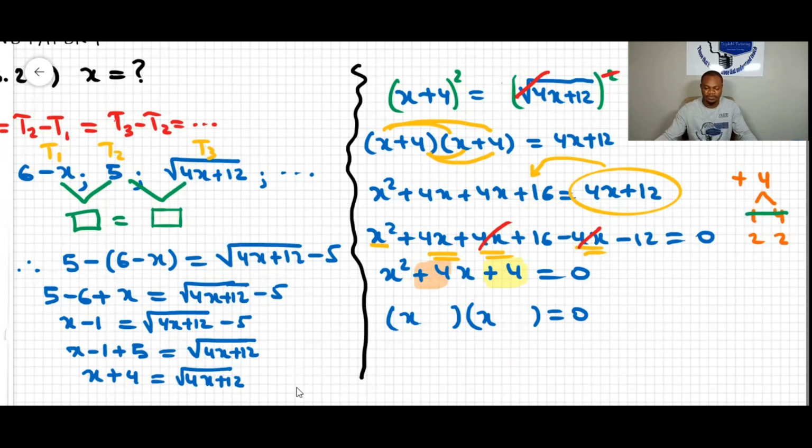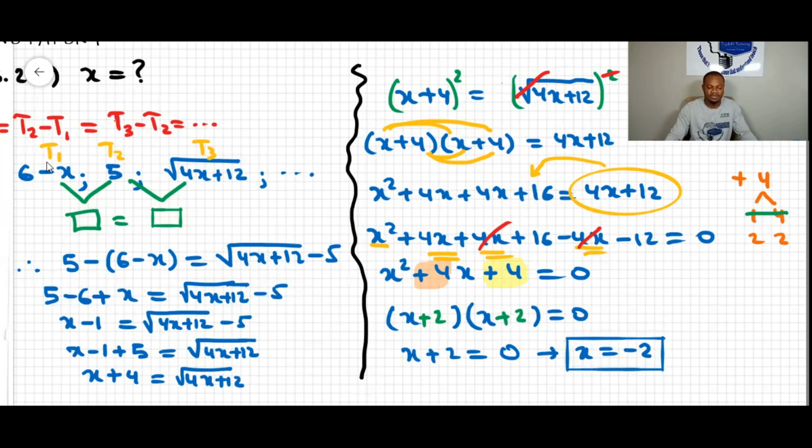Then over here, we can just place in plus 2 and plus 2. Because this is common, we can just work out x plus 2 squared equal to 0, which means that x equals negative 2. So that is the value of x that will make this sequence an arithmetic sequence.